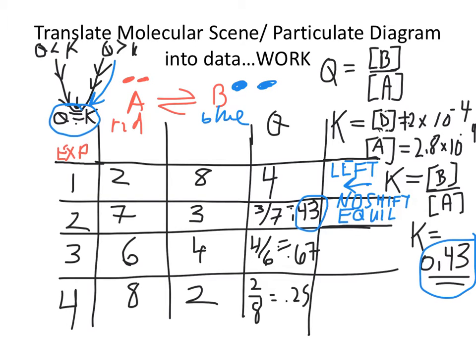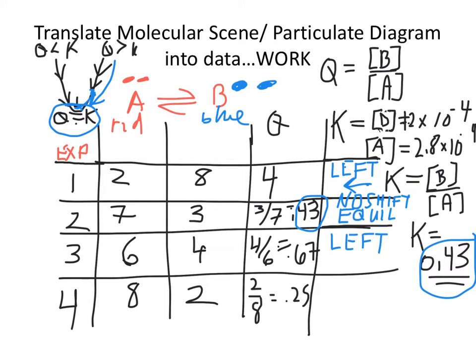Now we look at 0.67. 0.67 is actually larger than K, not by as much as before, so we're somewhere over here. The reaction is still going to shift to the left.